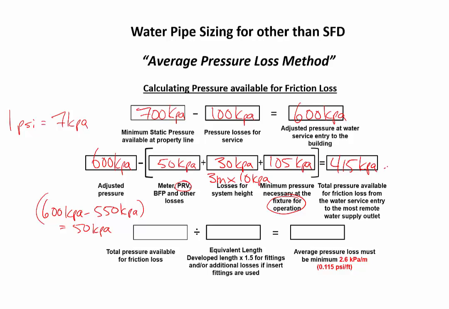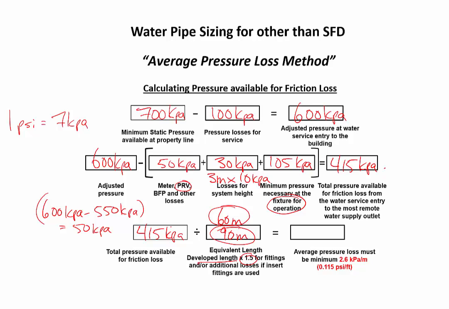That's what's available for friction loss to the piping. So we're going to carry that down here to the next line, 415. The developed length of our system we'll say is 60 meters. Developed length. And we need to multiply that by 1.5. So we're going to increase it by 50%. 60 times 1.5 is 90 meters. So again, just to be clear, 60 meters was our imaginary developed length, but 90 meters will be our actual equivalent length.